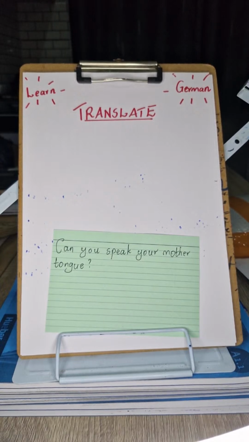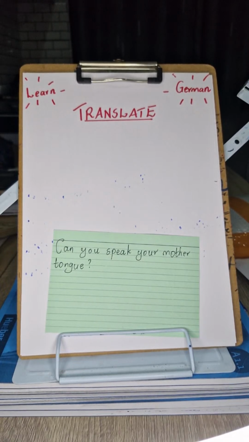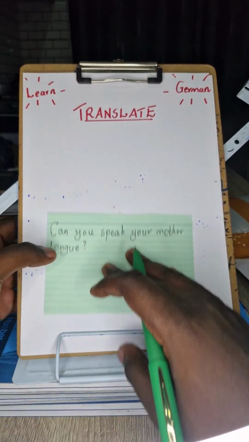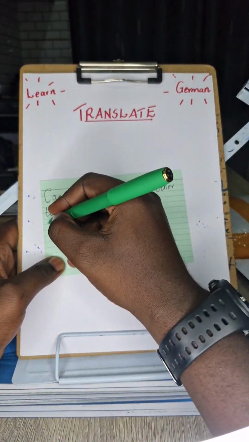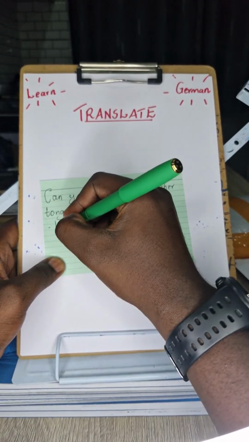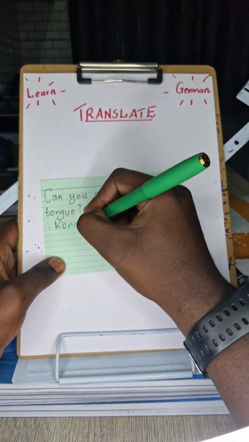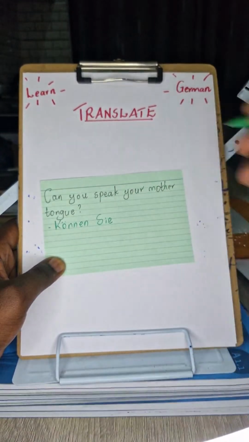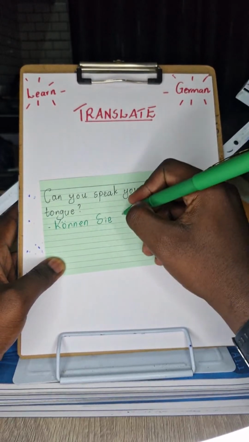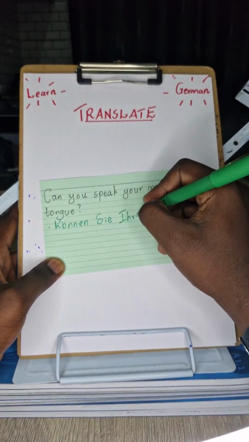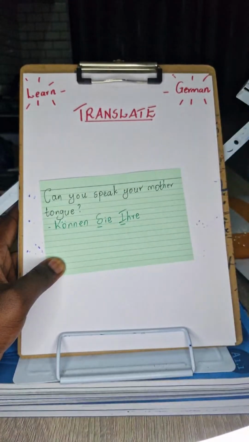All right, now there's an answer from Saza, and Saza says like this: Können Sie. Sehr gut. Können Sie Ihre Muttersprache sprechen? Das ist doch sehr gut. Let's just go ahead and give a round of applause to Saza for scoring it correctly. You can see she's maintained correctly the Sie with capital S. Können Sie, and then the Ihre, with capital I, right?